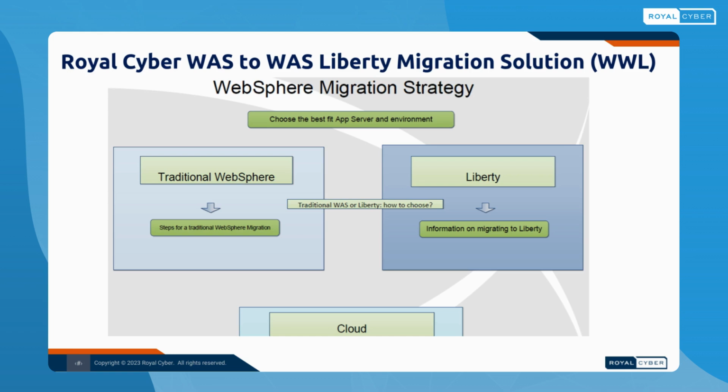We also help teams decide whether to stay on traditional WAS or move to Liberty, based on factors like complexity, performance, and future cloud plans. And finally, we guide the whole journey to the cloud, including best practices for running workloads on cloud or containers. Overall, this approach helps make smart decisions, lowers migration risk, and sets up a modern, scalable architecture.